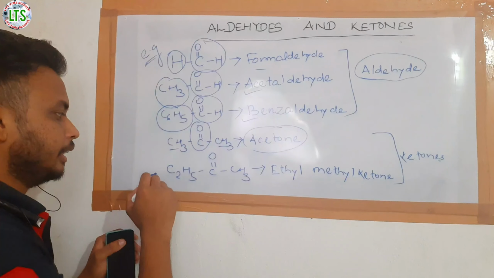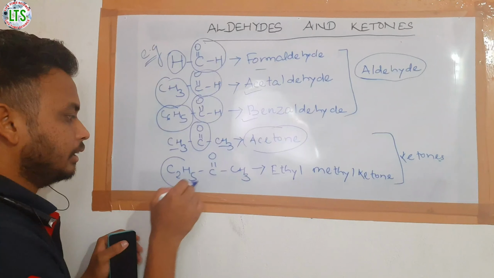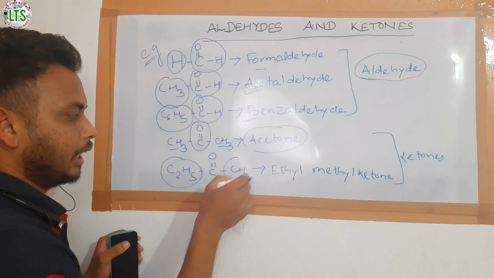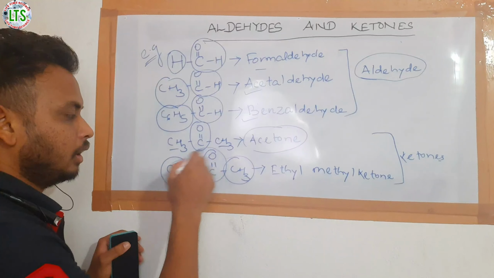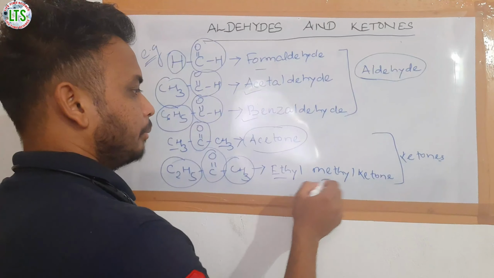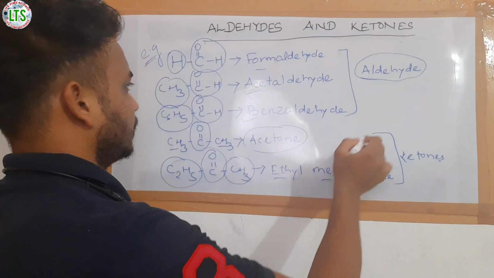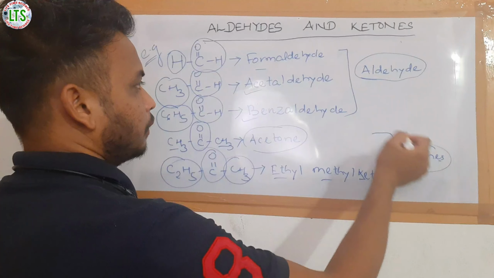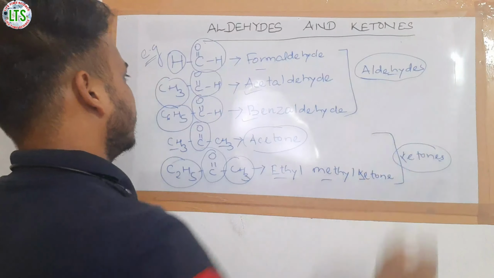Next, if one ethyl group and one methyl group are attached to the ketonic or CO group, then it is called ethyl methyl ketone.